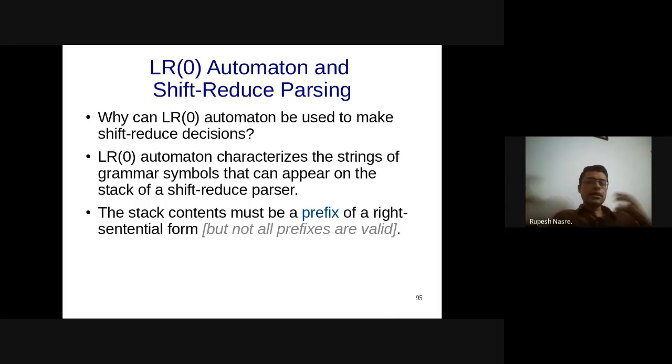The expectation is that the stack contents must be a prefix of a right sentential form. The right sentential forms are the ones that we use in the context of LR parsing. So at any stage, if these right sentential forms are getting built onto the stack, the prefix of this right sentential form is going to appear on top of the stack. Interestingly, not all prefixes are valid.